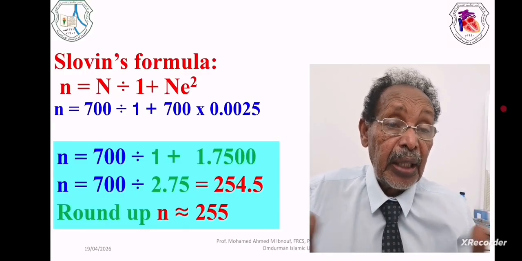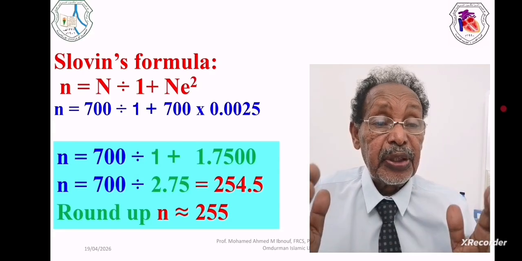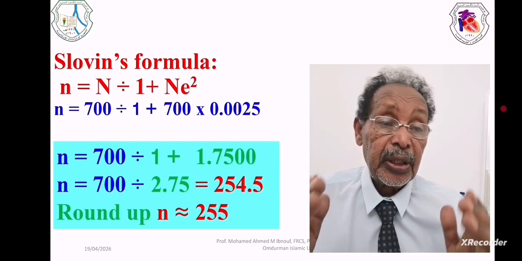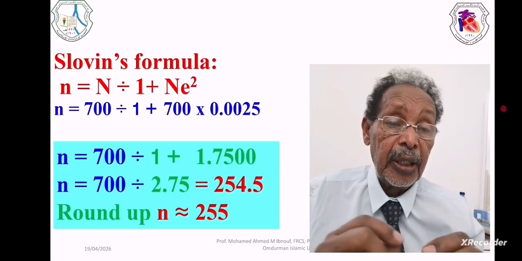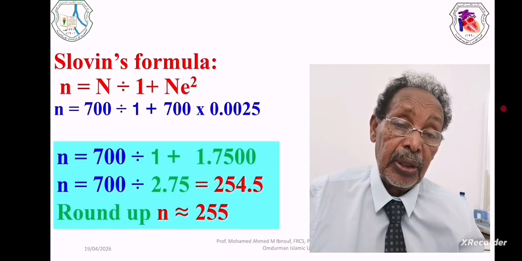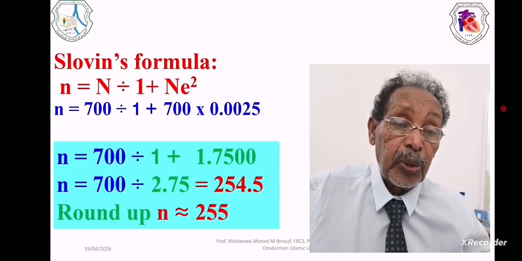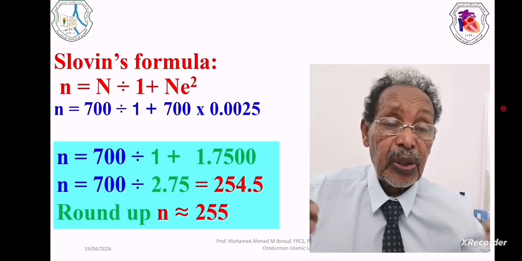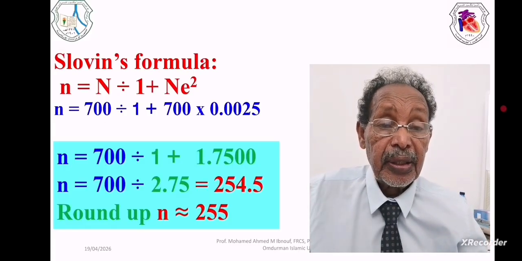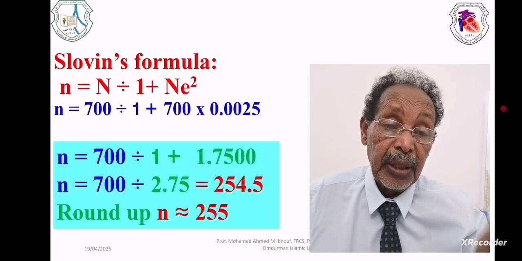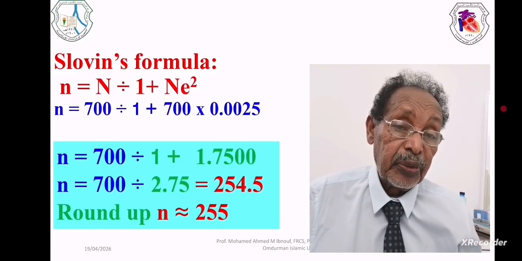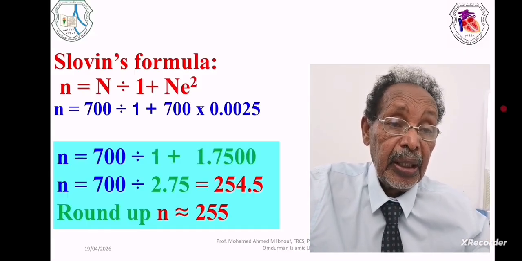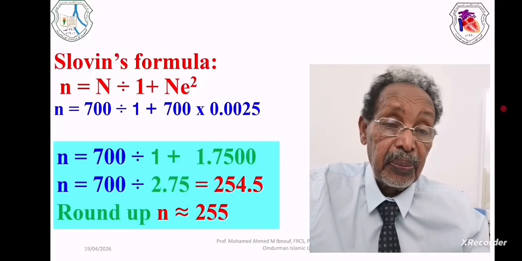So we can add 20%. But if everything is kept neat and decent and carefully kept, then we can add just 10% to replace the attritions, to replace the losses of data in some files. Now we have to calculate 10% and add it to 255 and see what will be the final correct sample size.